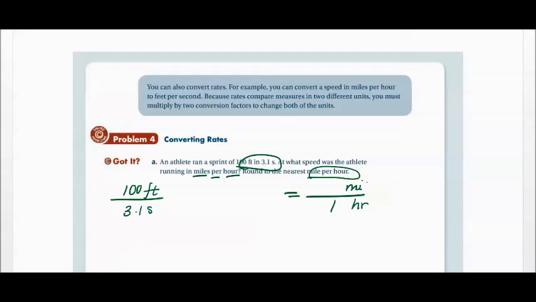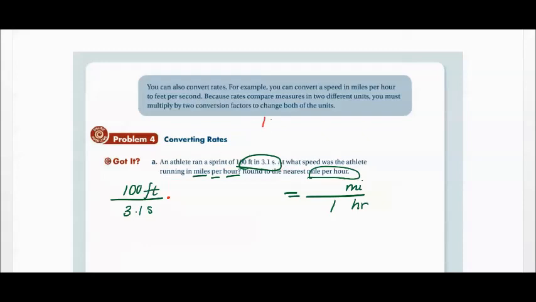So it is a unit rate. So we have to turn feet into miles and seconds into hours. So we are going to use a couple of different conversion factors here. So let's start with getting feet into miles. We looked that one up on Google.